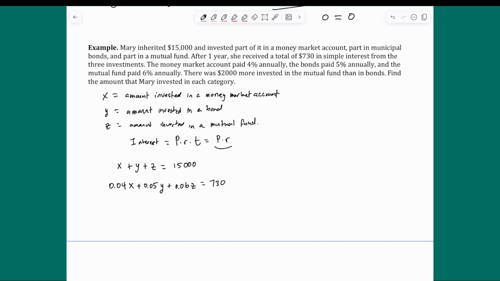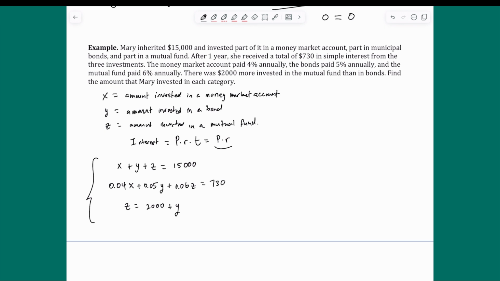All right, and then the last information they gave us says there was $2,000 more invested in the mutual fund than in bonds. And so that means z is equal to $2,000 plus y. And that there is the system of 3 equations and 3 unknowns.